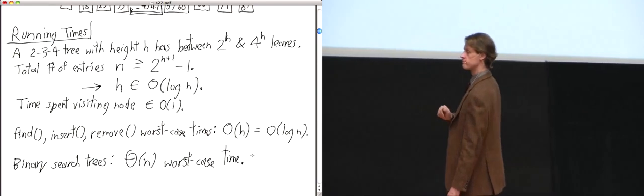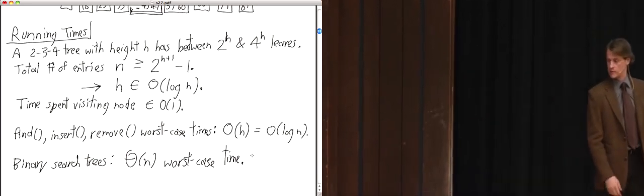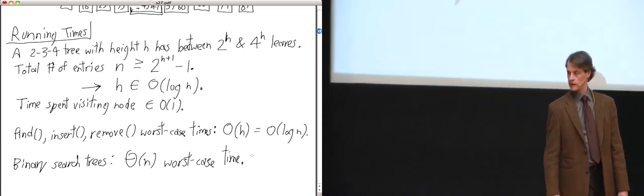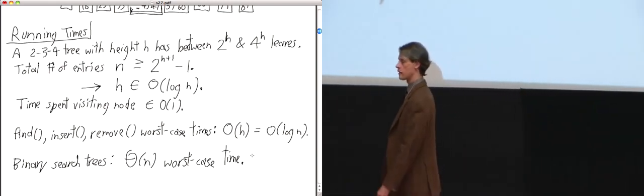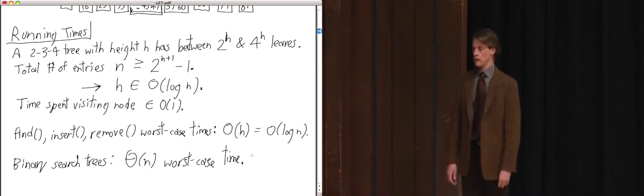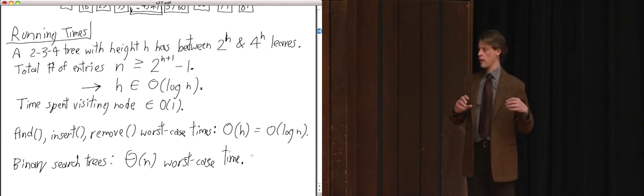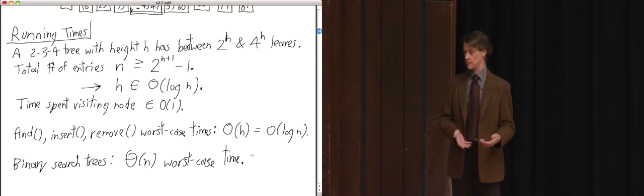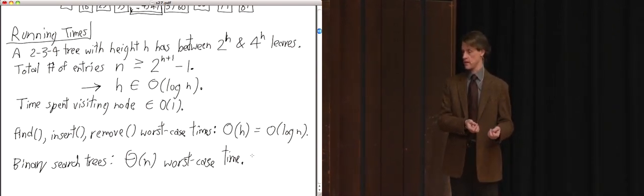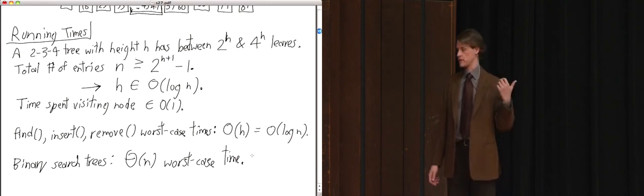Yeah. How do you create a 2, 3, 4 tree? Like, what does an empty one look like? So an array isn't really a natural way to store a 2, 3, 4 tree. There are some data structures like binary heaps that just naturally fit into arrays, and there are some data structures like 2, 3, 4 trees that really don't.